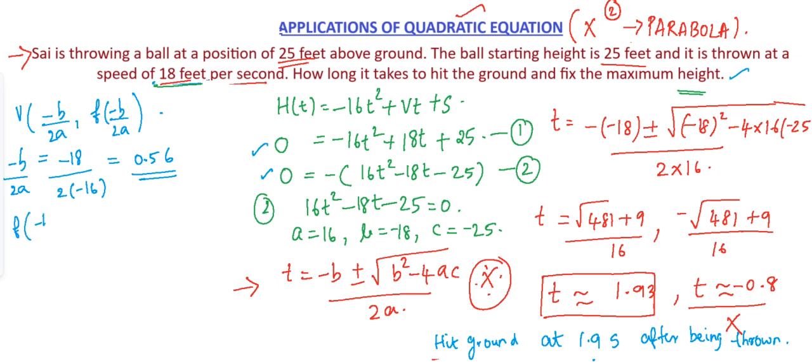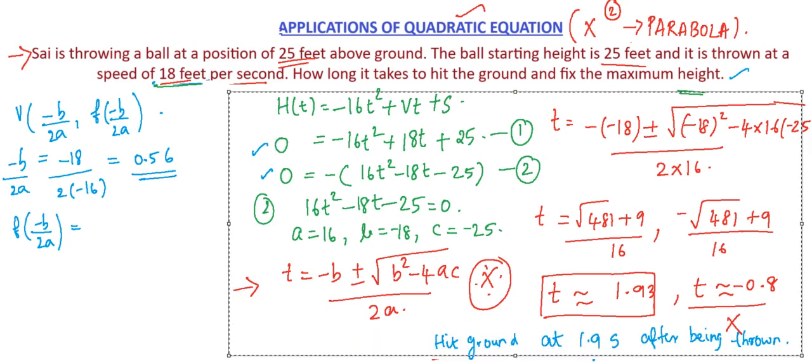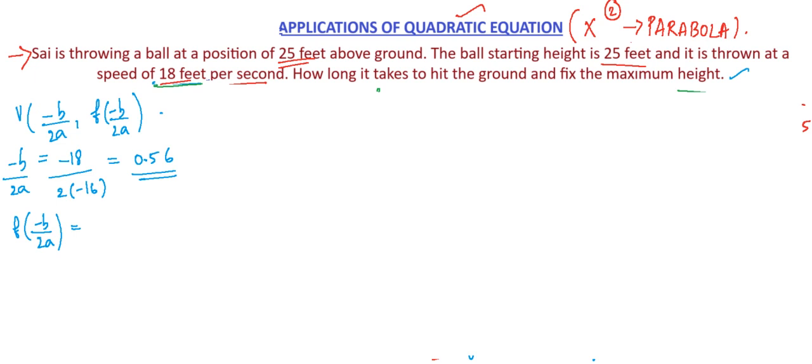Let me find f of minus b by 2a. In order to find f of minus b by 2a, I have to find f of 0.56. So let's find out what f of 0.56 is. The equation is minus 16t square plus 18t plus 25.